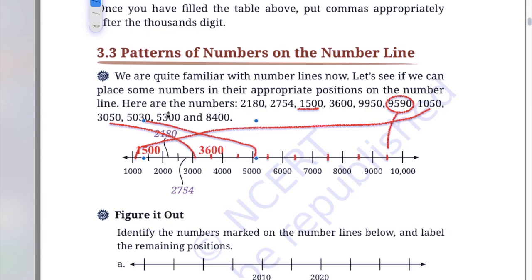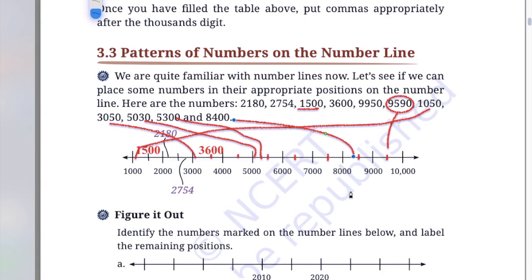Okay, and 5300, it is also less than 5500, so it will be somewhere here. 8400 will be 100 less than 8500, so it will be here. So you can draw the number line in your notebook and then mark all the numbers. You can use crayons as well for each number.